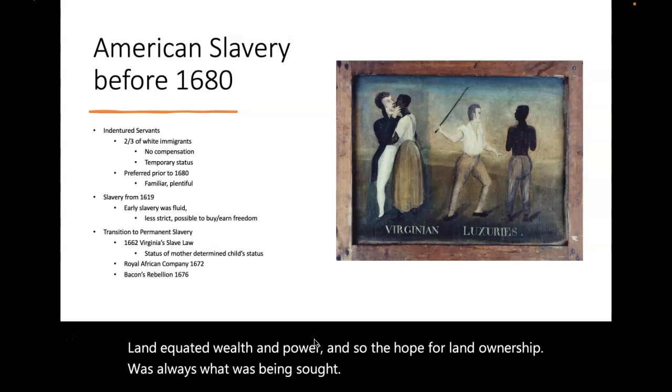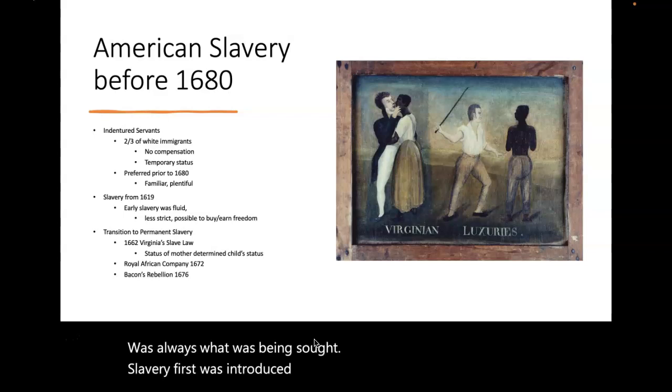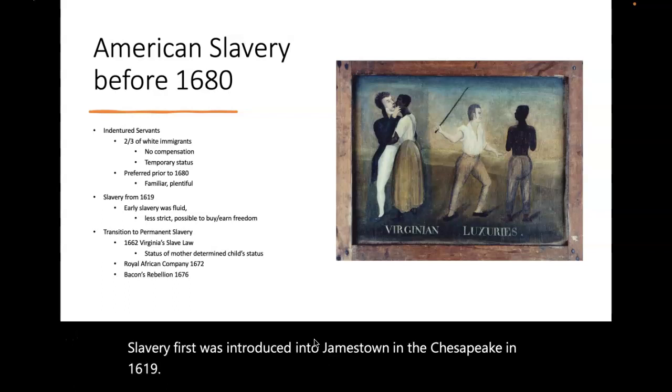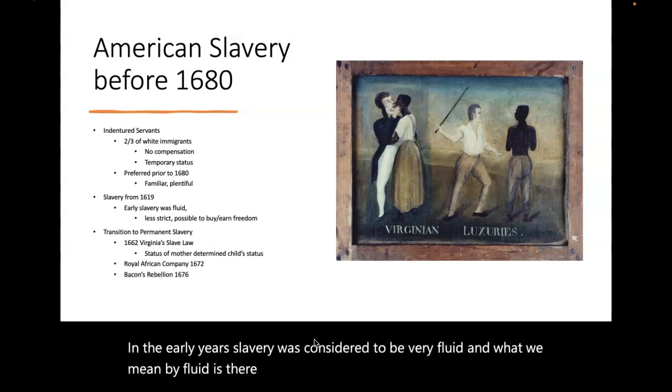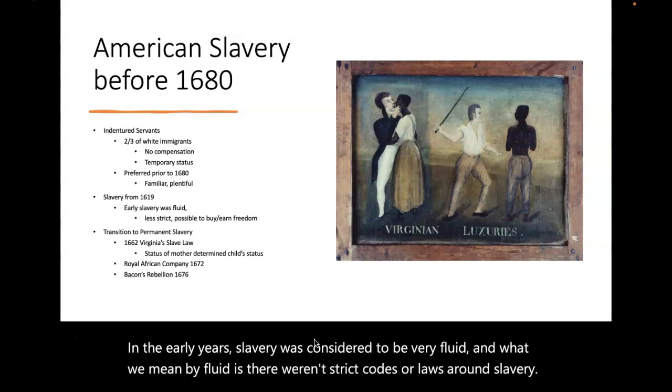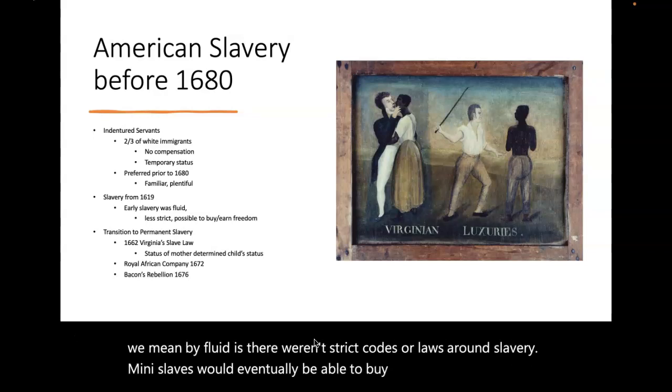Slavery first was introduced into Jamestown in the Chesapeake in 1619. In the early years, slavery was considered to be very fluid. And what we mean by fluid is there weren't strict codes or laws around slavery. Many slaves would eventually be able to buy or earn their freedom.